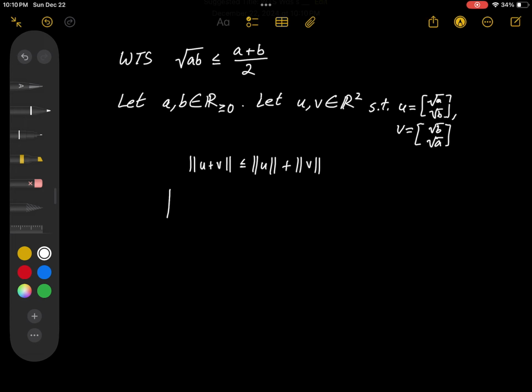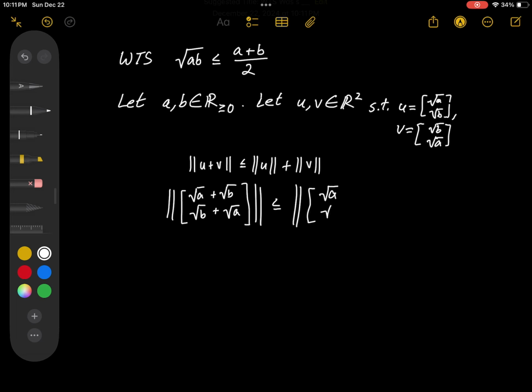So we'll get the magnitude of square root of A plus square root of B, square root of B plus square root of A, and that shall be less than or equal to the magnitude of square root of A, square root of B.